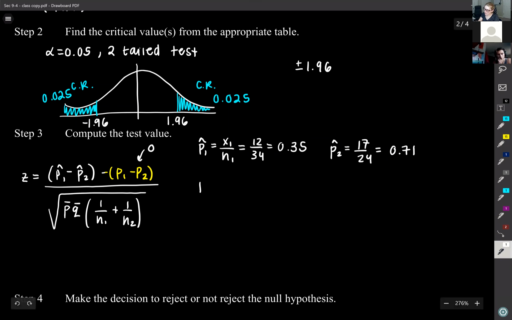All right, and so then we have to figure out what p bar is. And p bar is equal to x1 plus x2 over n1 plus n2. So we actually already have all those things because we put that p1 hat was x1 over n1. So we know that x1 is 12 and x2 is 17, and then 34 plus 24.